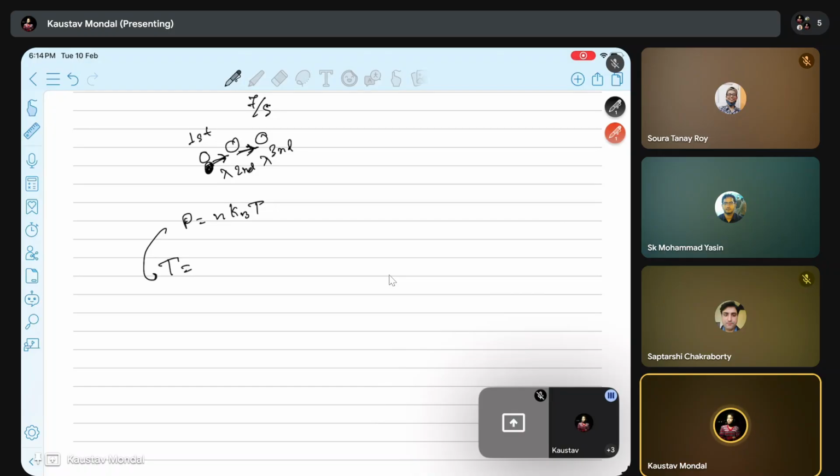But here, in the question, the energy of a single molecule is mentioned. From kinetic energy theory we are getting the kinetic energy of a single molecule, so it's a bit different. The definition of pressure here and there differs, so it's better to use that anyway.